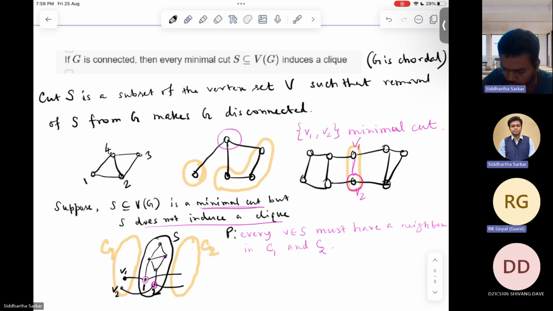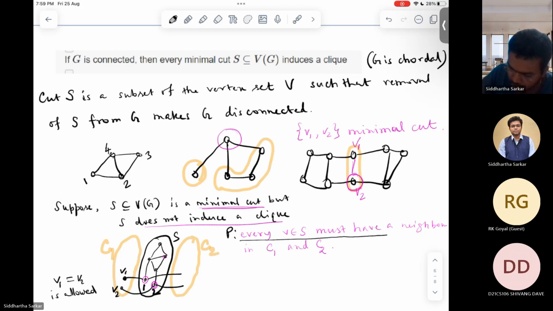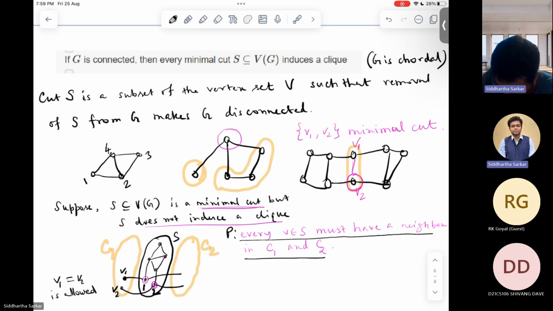V1 may be equal to V2, which is allowed. I am writing this because of property P, that every vertex in S must have a neighbor in both the components. Let us say that the neighbor of 1 in component C2 is V3 and the neighbor of 2 in component C2 is V4. V3 equal to V4 is also allowed.